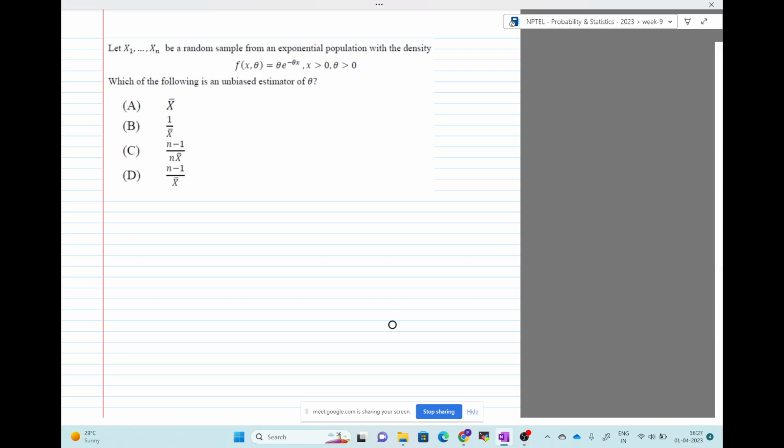Here we have been asked the unbiased estimator of theta, and we have x which are randomly sampled from an exponential distribution.